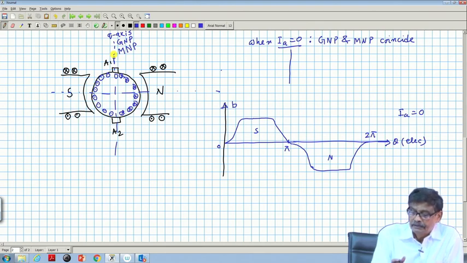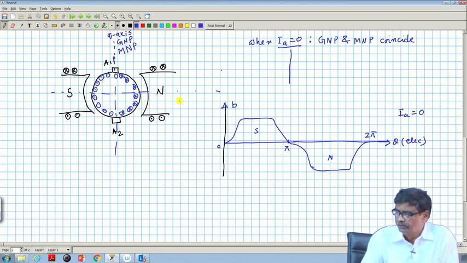And we want to find out where MNP will be, that is what I am telling. So, your resultant field is like this, armature field, cross field, then we will find out where that armature field is. So, GNP and MNP you just keep in mind, we will be using that concept.